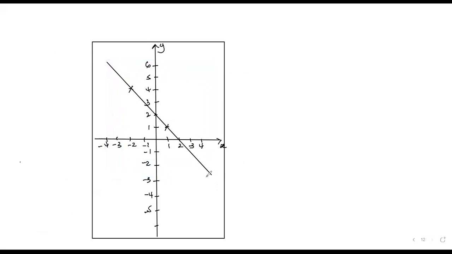You write y equal to negative x plus 2. Right? So this should be your completed graph.